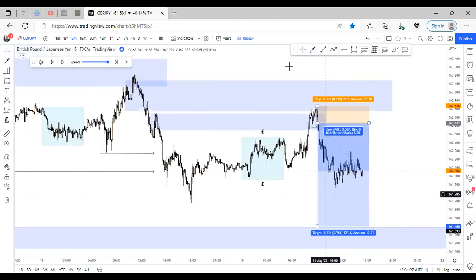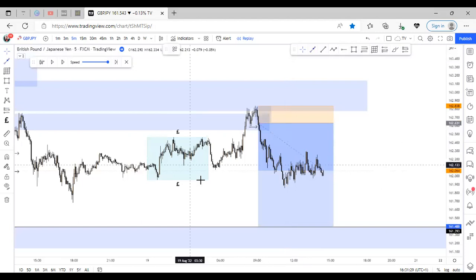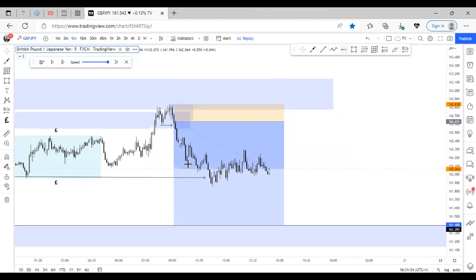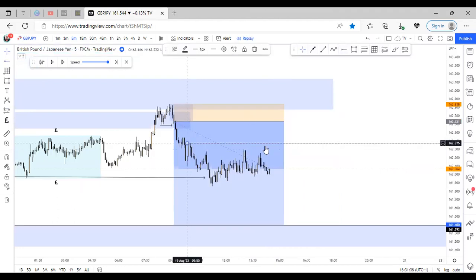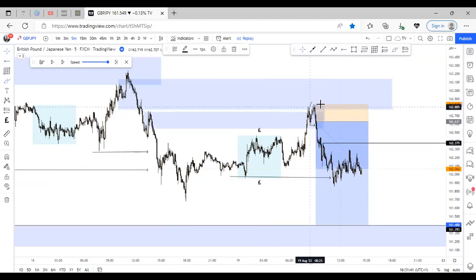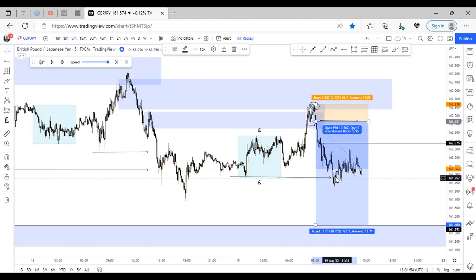So at this particular point, when we took out the Asian range low, I moved my stop loss into profit. Okay, I moved my stop loss into profit because I wasn't comfortable with the fact that I had my entry at this point. I took some partials at this level right here, then moved my stop loss into profit, and I was whipped out.